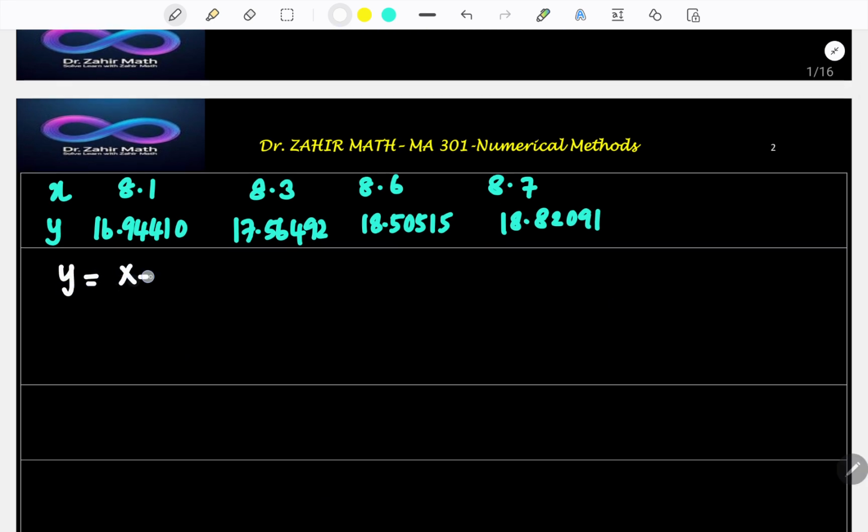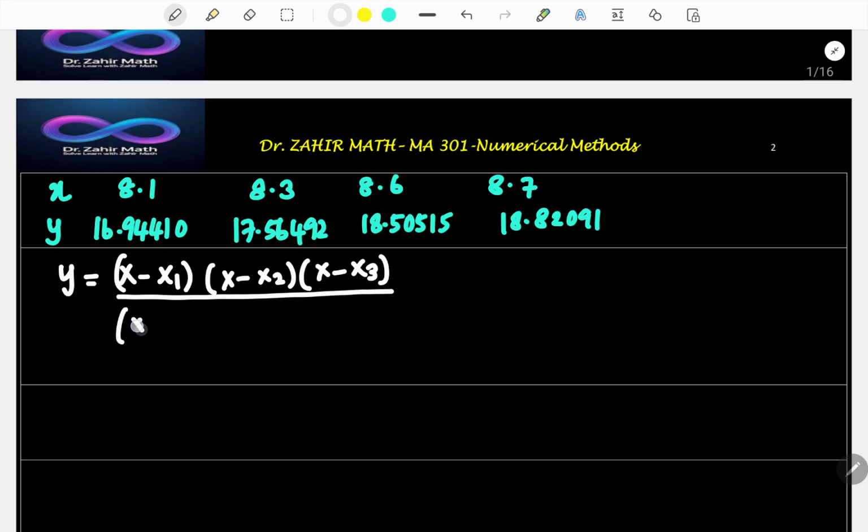y equals (x minus x1) times (x minus x2) times (x minus x3), divided by (x0 minus x1), (x0 minus x2) and (x0 minus x3), times y0. Teacher, how do I remember this formula? Very easy to remember, I'll tell you. Look here, there is no x0 in the numerator, right?